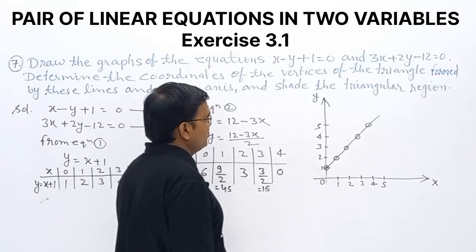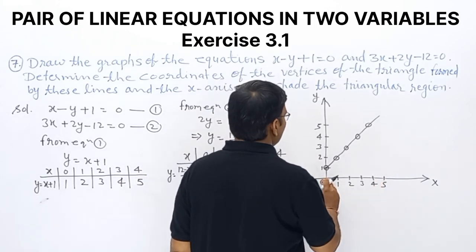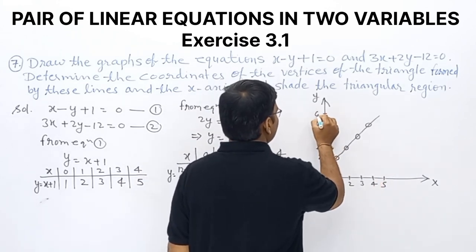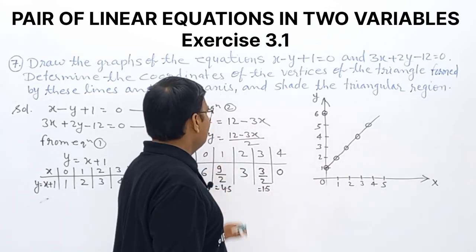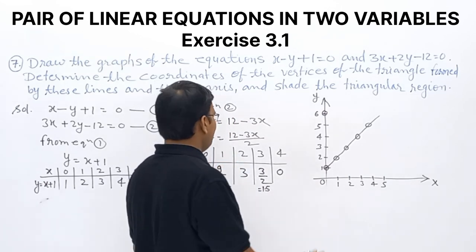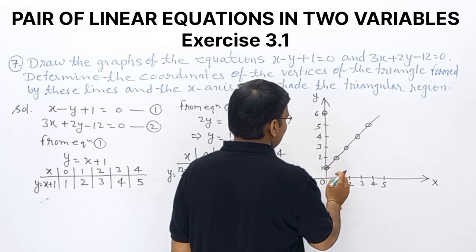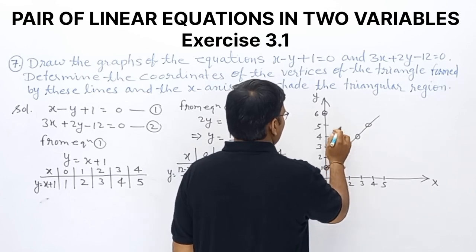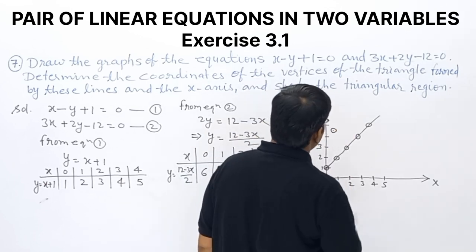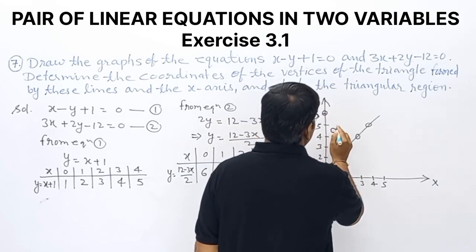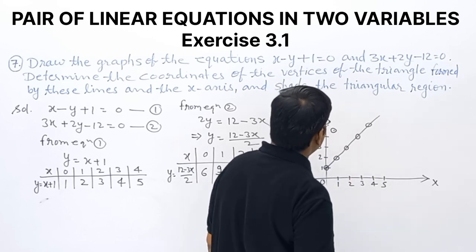X is 0 and y is 6, there. It means we are getting this point. Next one, x is 1 and y is 4.5. It means the mid of this, we are getting this point.